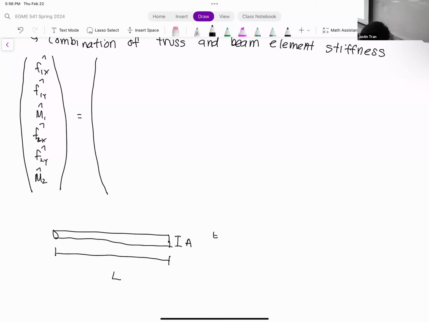We have E, the Young's modulus, which is an expression of how strong the material comprising the frame element is. And then we have I, the moment of inertia of the cross-section. So we have four properties to worry about here.